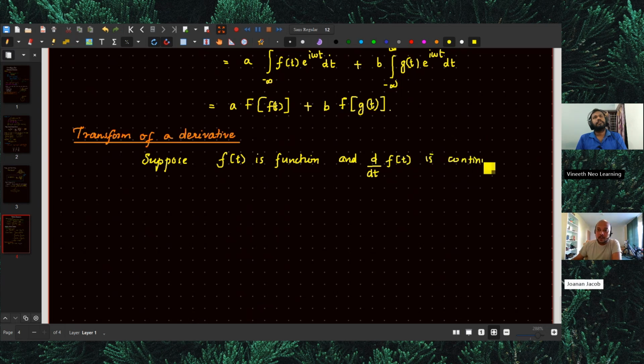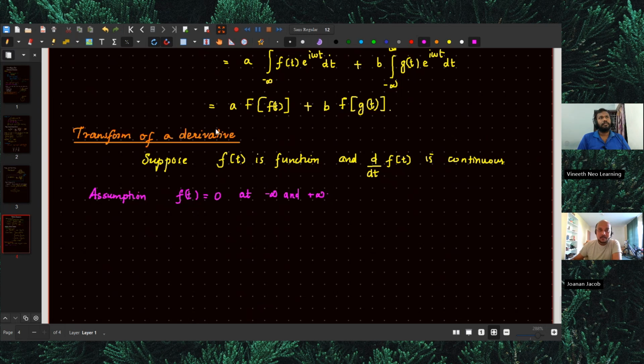Also, whenever we take a Fourier transform, we assume one important thing. One important assumption here is that f of t is equal to 0 at negative infinity and positive infinity.